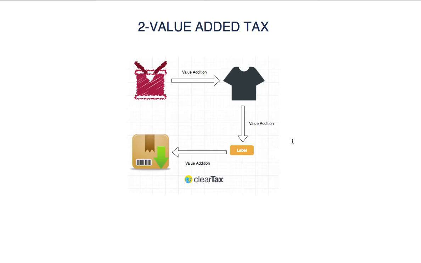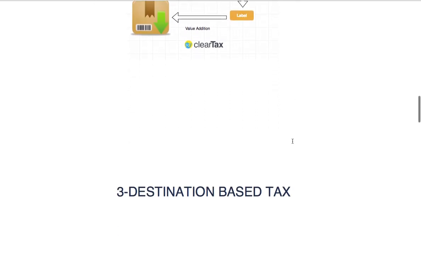Okay. Now the last one is the destination-based tax. So the GST will now be levied at every point of sale based on its destination as well. Assume that the entire manufacturing process is happening in Rajasthan and the final point of sale is in Karnataka.